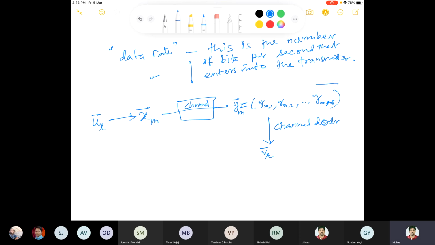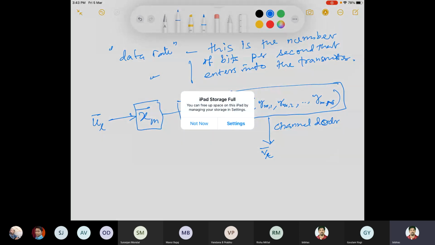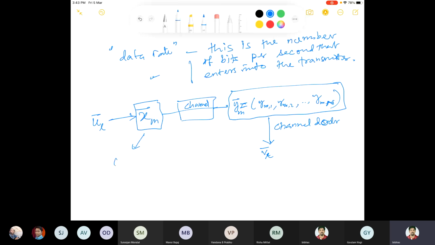So this is the output, let's say YM bar, after it goes into the channel. And this is the code word for that. This is the code word input for the mth message. Mth message means this is a sequence of length L, which is a binary sequence, a string of L binary digits.